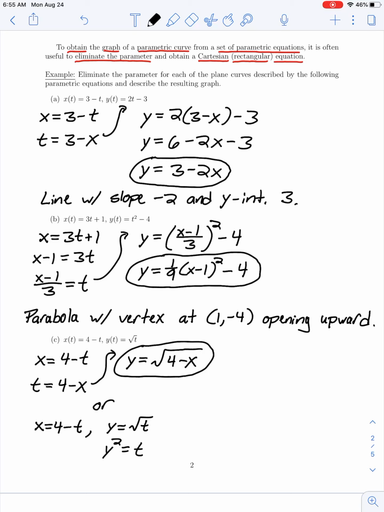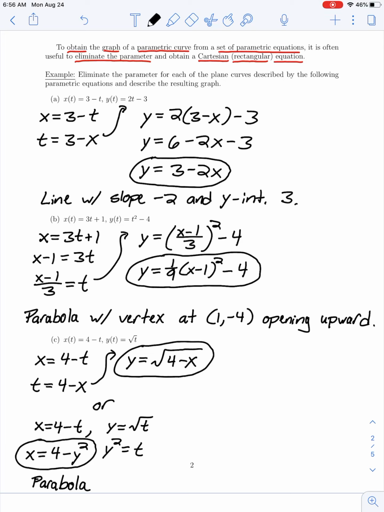So our x equation is then 4 minus t, which was equal to 4 minus y squared. So we have another Cartesian equation relating x and y. We notice that it's equivalent to the first equation that we had. So thinking about the graph of this, well, x is a quadratic function of y. So here we have a part of a parabola opening along the positive x-axis.